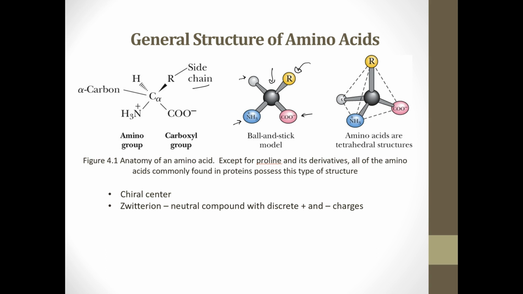One of the properties of amino acids is that they can simultaneously, and in biological conditions do, carry both a cationic charge with our amino group and an anionic charge with our carboxylate. So these are zwitterions under biological conditions, a vast majority of the time.